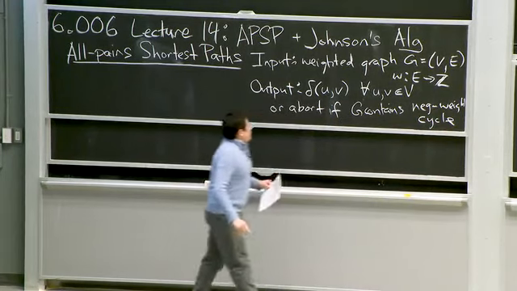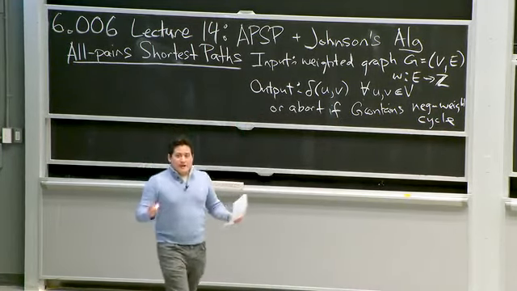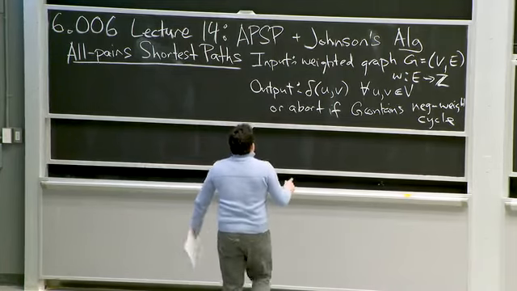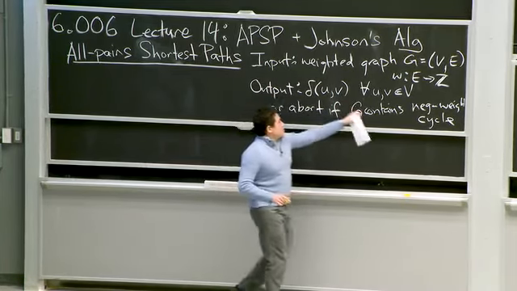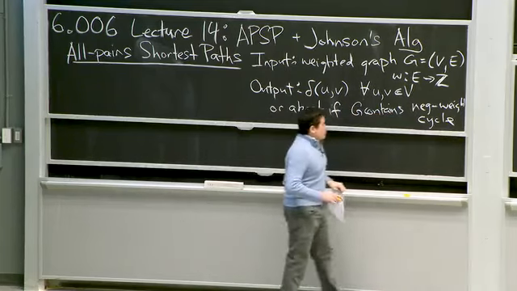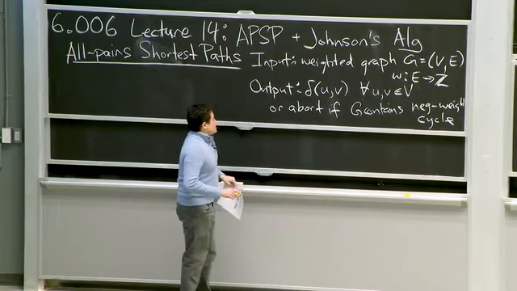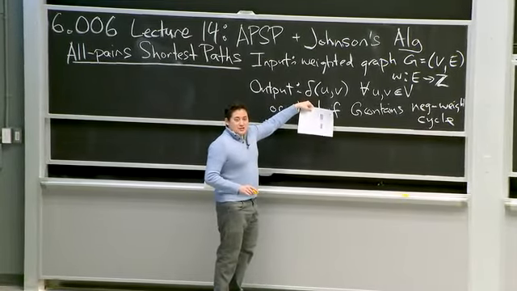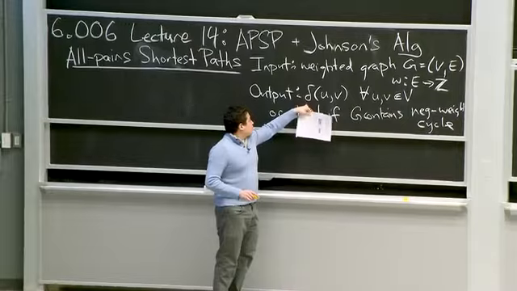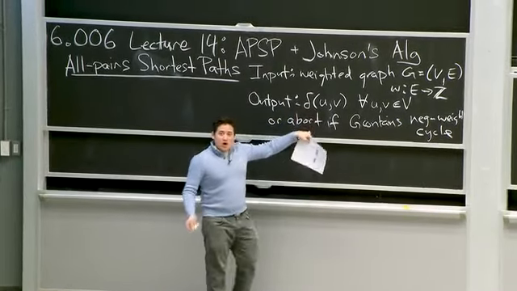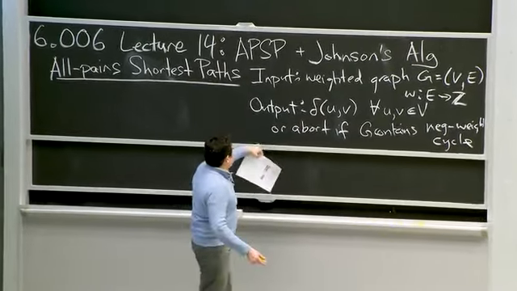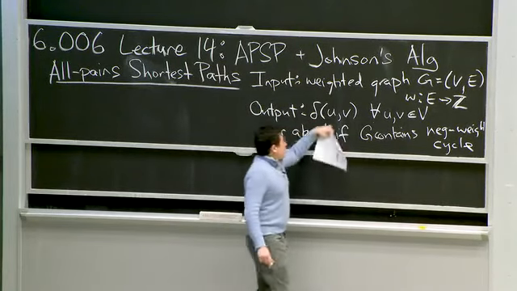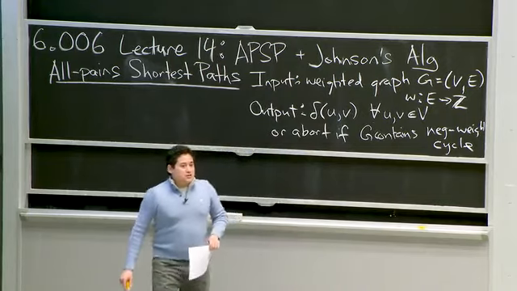Okay? So we're not actually going to worry about negative weight cycles in today's class. If we have a graph, it could have negative weights, right? These are any integers, could include negative weight edges. But as long as all of our path distances are bounded from below, none of them are negative infinity, we don't have any negative weight cycles, then I want you to output all of these shortest path distances.